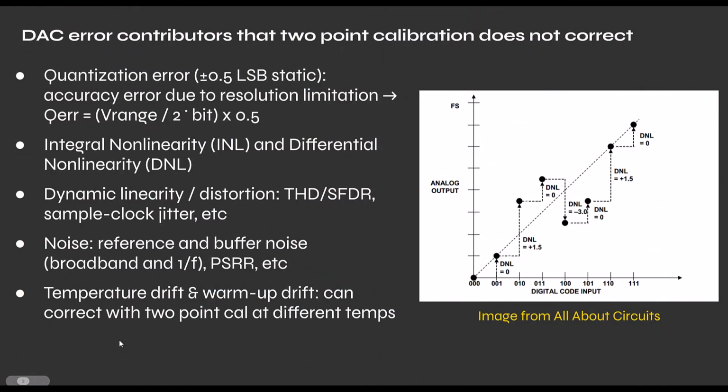Okay, let's talk briefly about error contributors that the 2-point calibration does not correct. The first one is quantization error. Quantization error is the effect on accuracy due to limitations in resolution, right? By nature, digital signals are not infinite, so these are going to be finite, so you're always going to have quantization error.